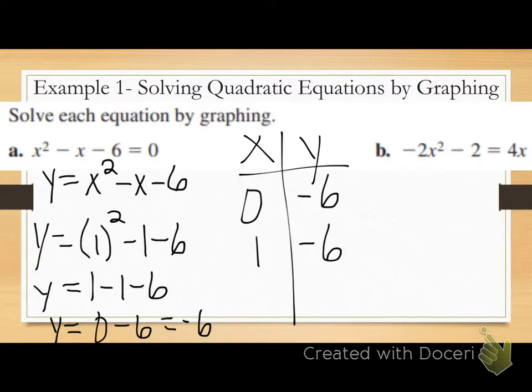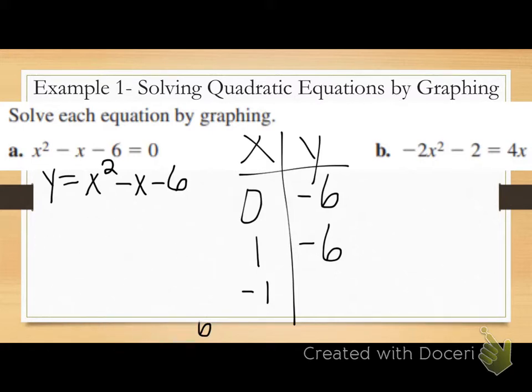It's another value I can plug in. Negative 1. We can plug in negative 1. Replace all my x's with negative 1. Be careful when you plug in to the minus x. I still have to account for that minus sign, so it's going to be minus negative 1.